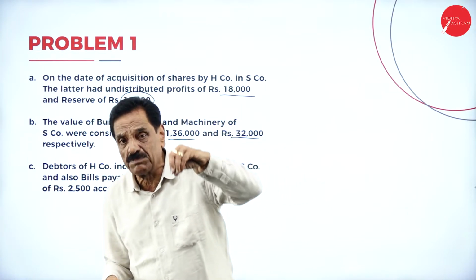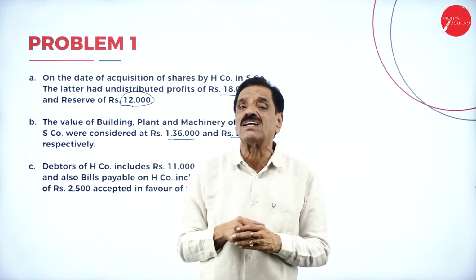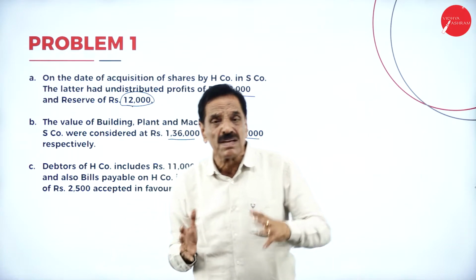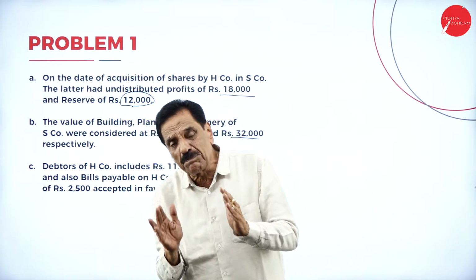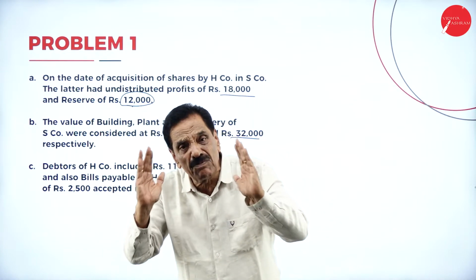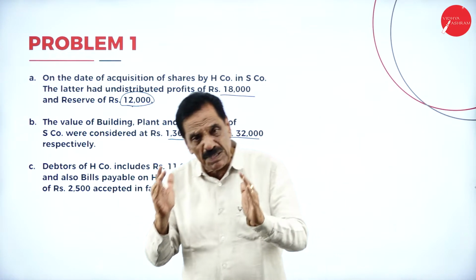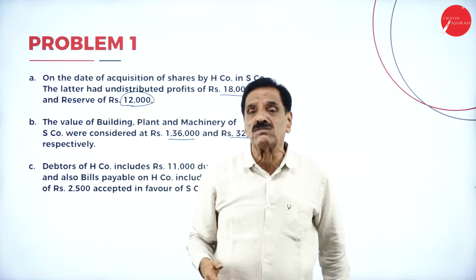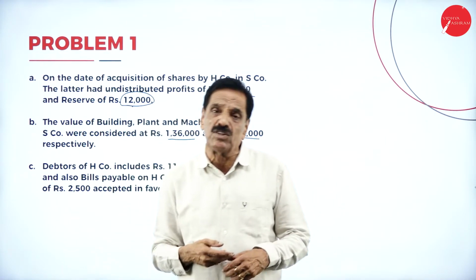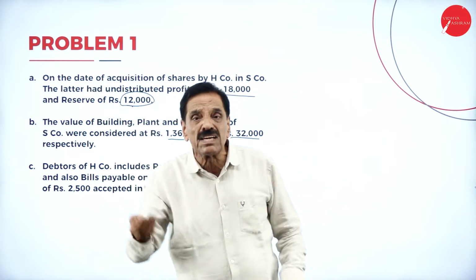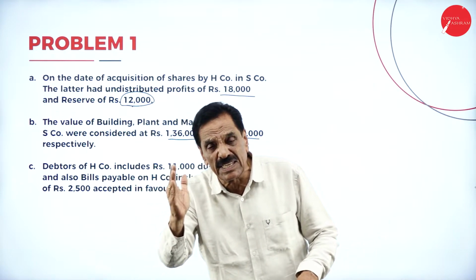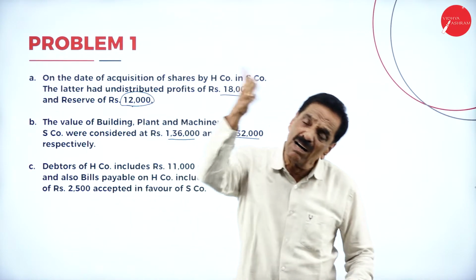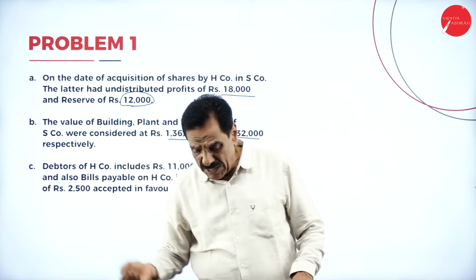If the reserve is a capital reserve, after acquisition it is called revenue reserve and revenue profit. I will repeat, whatever profit is available at the time of acquisition is called capital profit. After acquisition, whatever profit is available is called revenue profit. Whatever reserve is available at the time of acquisition is called capital reserve. After acquisition, it is called revenue reserve.